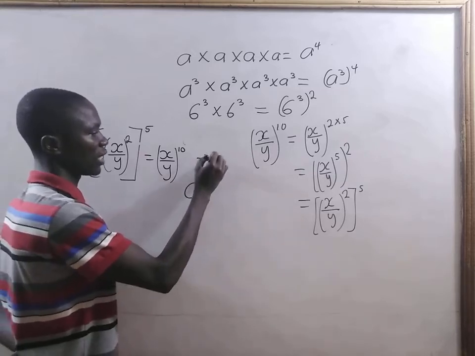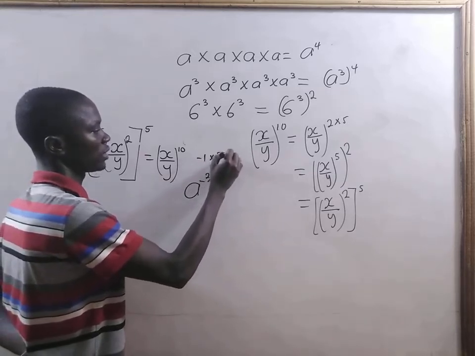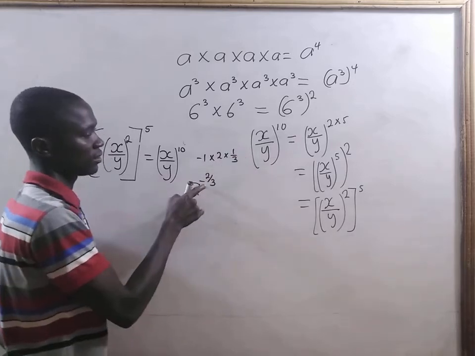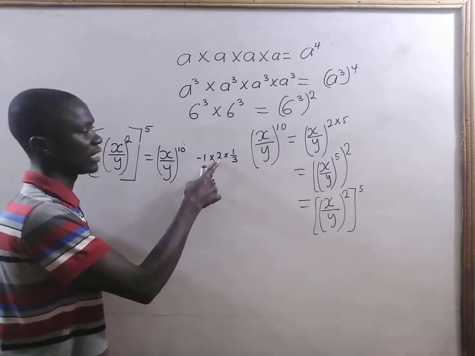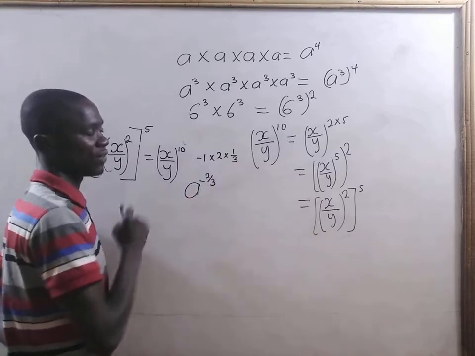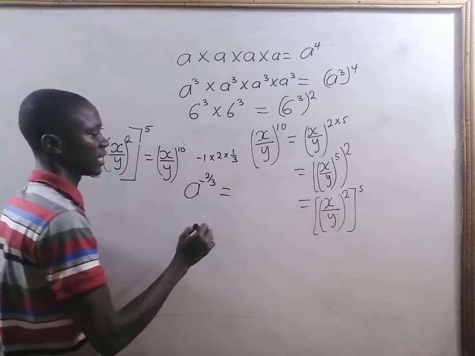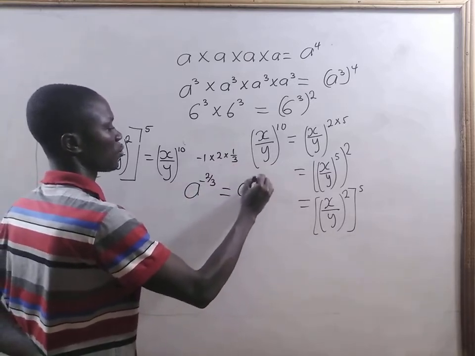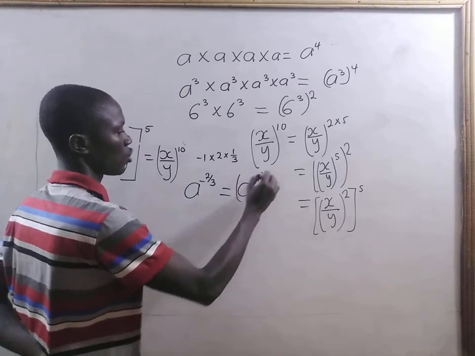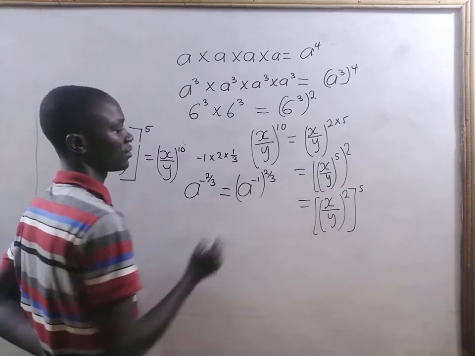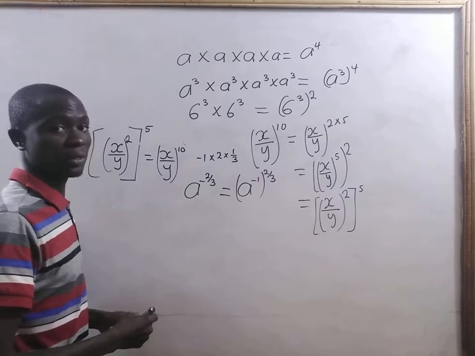We have negative 1 times 2 times 1 out of 3. Negative 1 times 2 is negative 2 times 1 out of 3 will give us this. So this one can be written as a to the power negative 1 all to the power 2 out of 3. We can have this one.